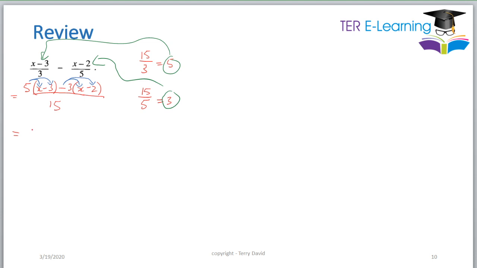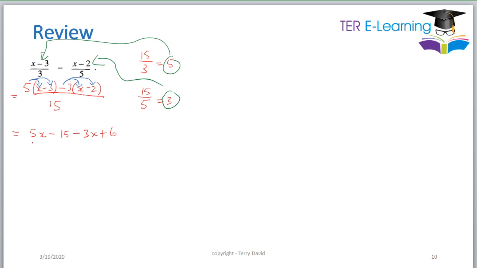So 5 multiplied by x gives me 5x. 5 multiplied by minus 3 gives me minus 15. Minus 3 by x gives me minus 3x. And minus 3 by minus 2 gives me plus 6.